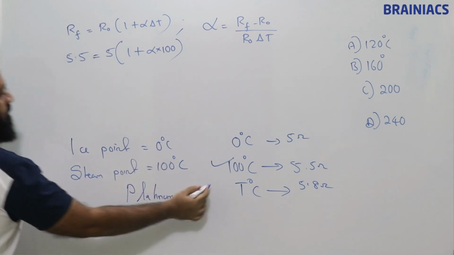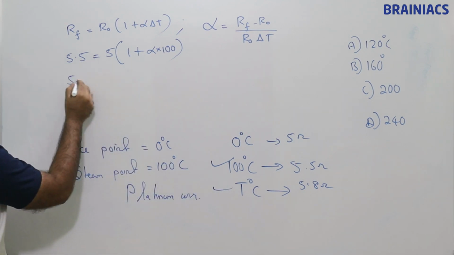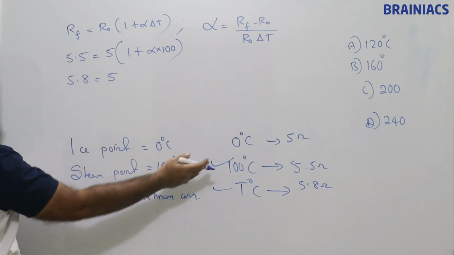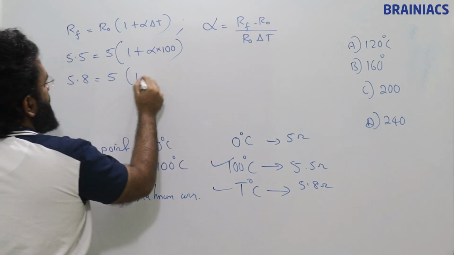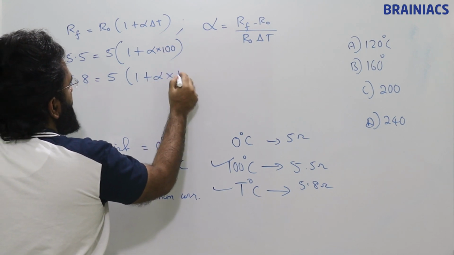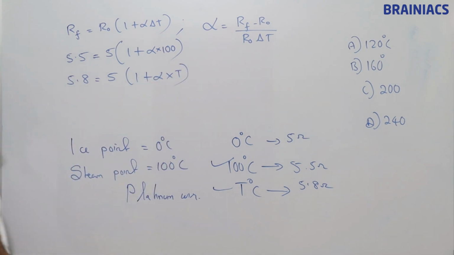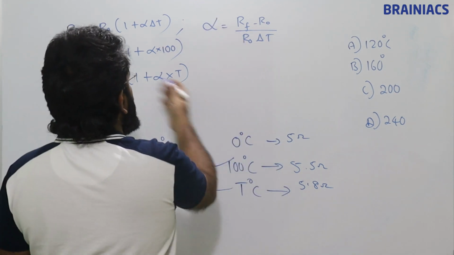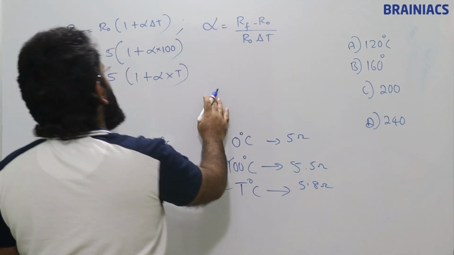Now what about this? 5.8 is equal to 5, the initial resistance, into 1 plus alpha into T. Now here, using this formula, we will equate. Alpha is the same.